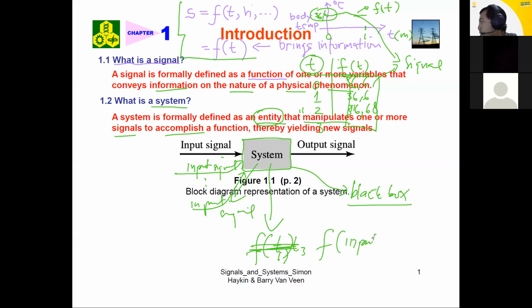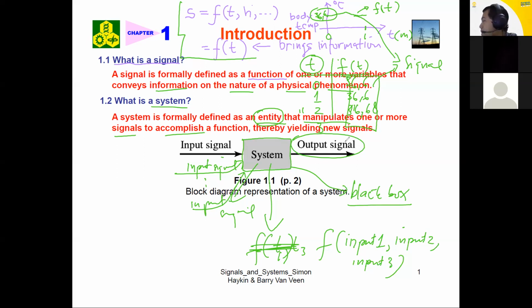If there are three inputs, we can write input 1, input 2, input 3, something like this. And then, thereby yielding the new signal, we get the output signal. After manipulating the input signal, we have the output signal.